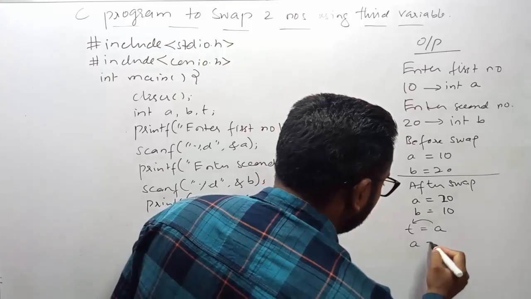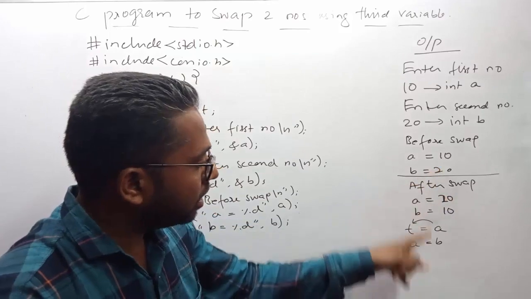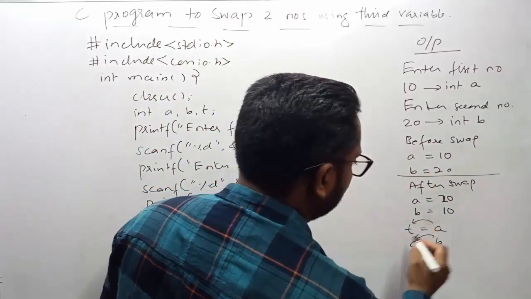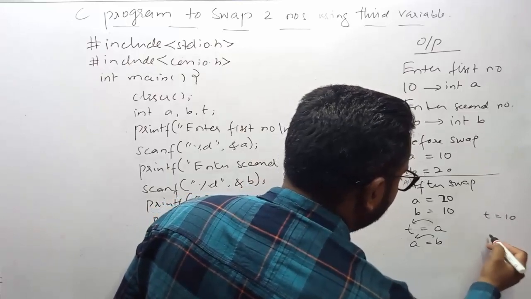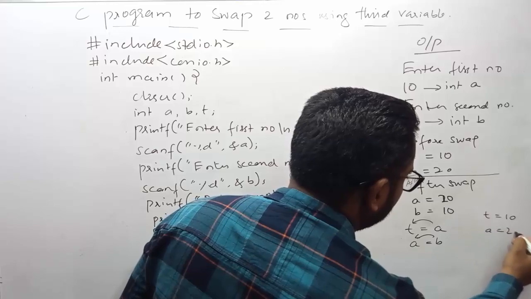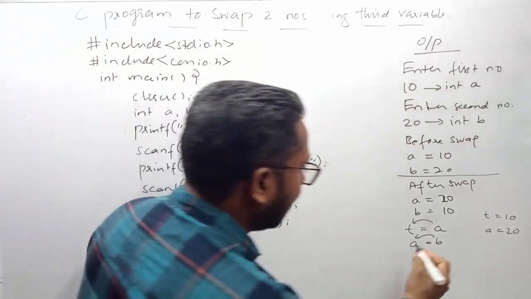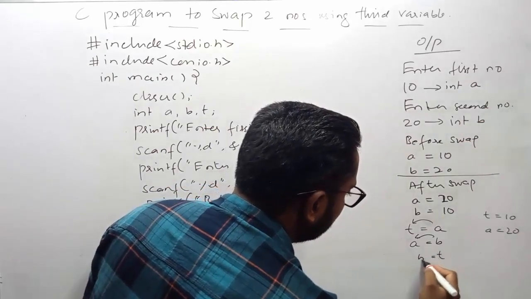Then I will pass the value of B, which is 20, to A. Now T has the value of 10 and A has the value of 20. Next, I will pass the value of T to B.